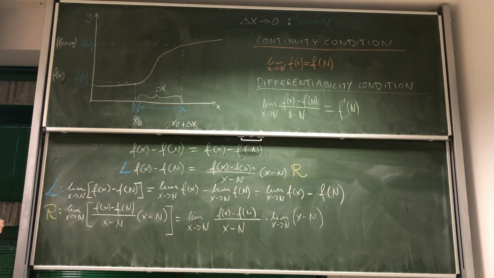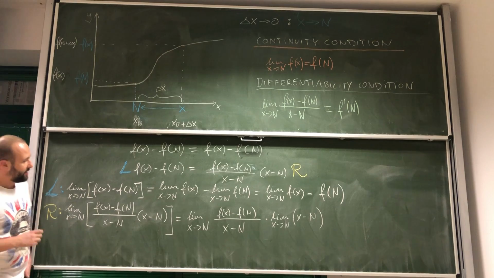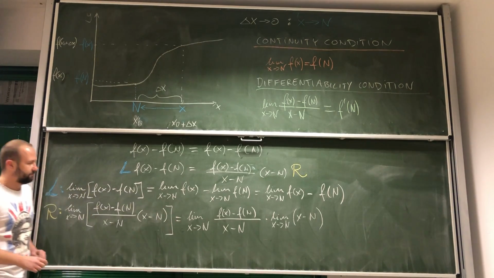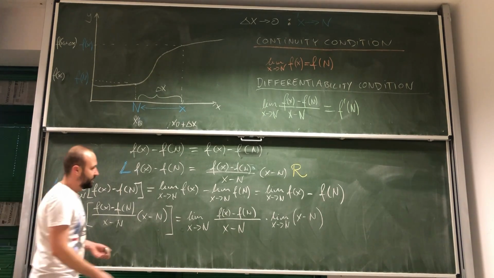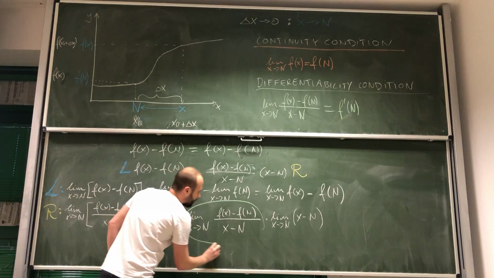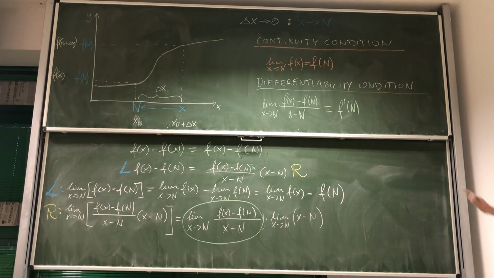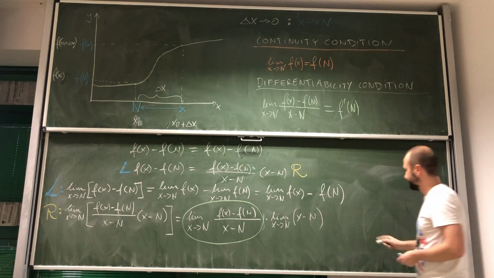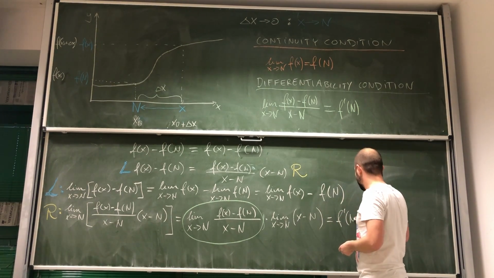I hope that you can even notice, just by looking at the blackboard, that this expression over here, we've already seen something. And of course we did. This is nothing more than a definition of the derivative that we have over here. So I can simply replace this with f prime of n, right? So I get that this is f prime of n.